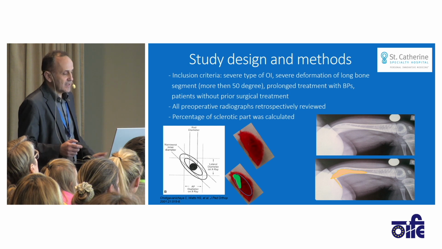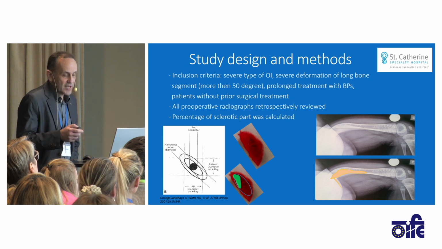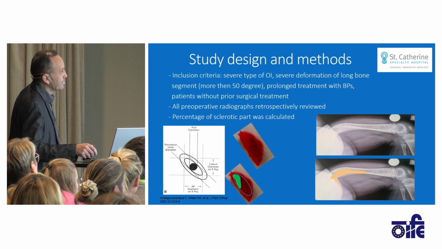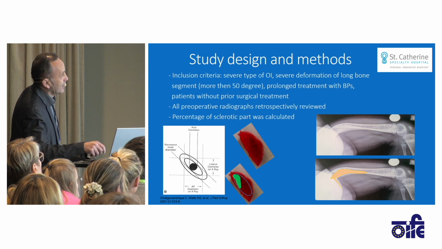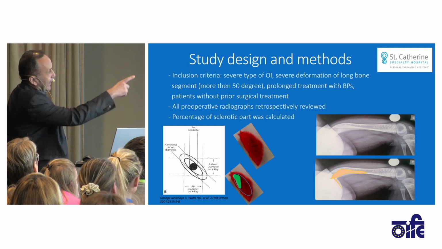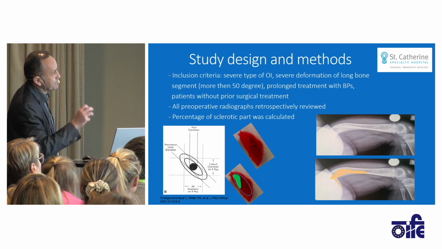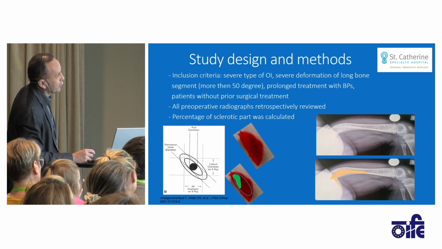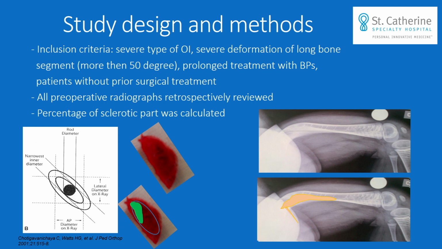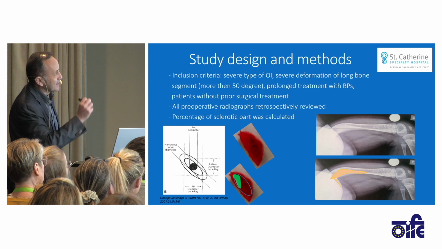What is exactly intramedullary sclerosis? I'll try to show on that X-ray. You can see the proximal part of the bone, and this is the normal color of the bone. On this proximal part, you can see white color.